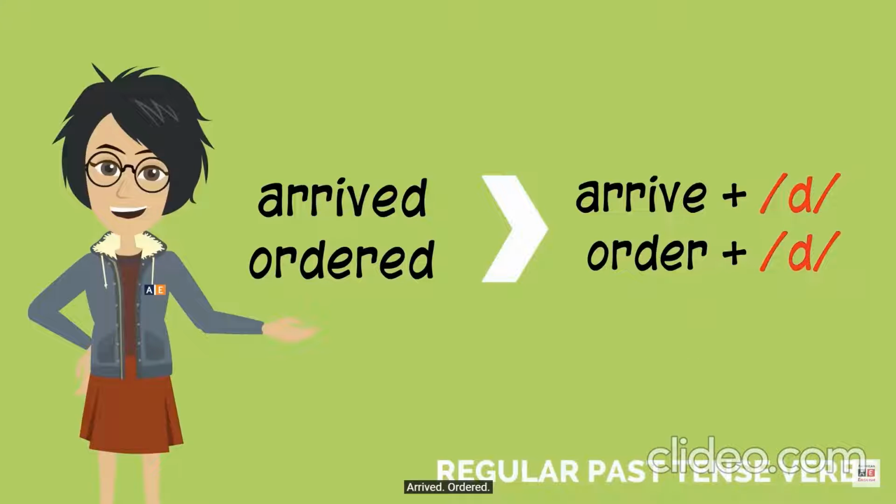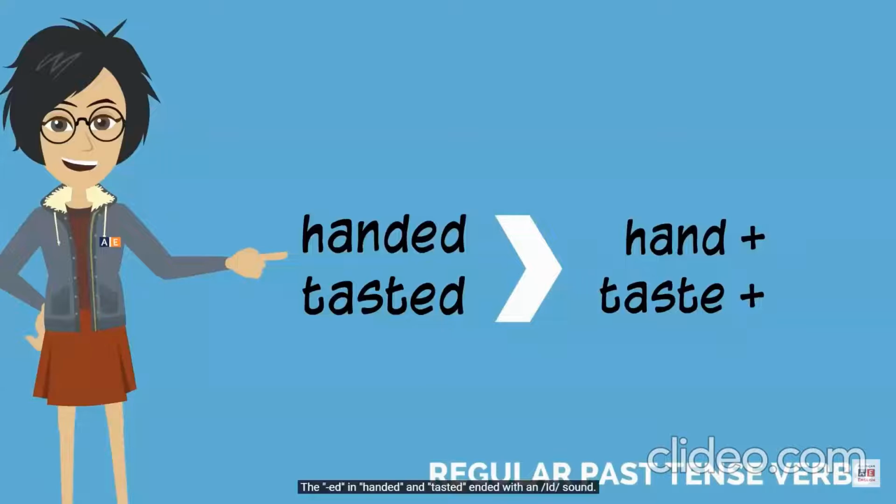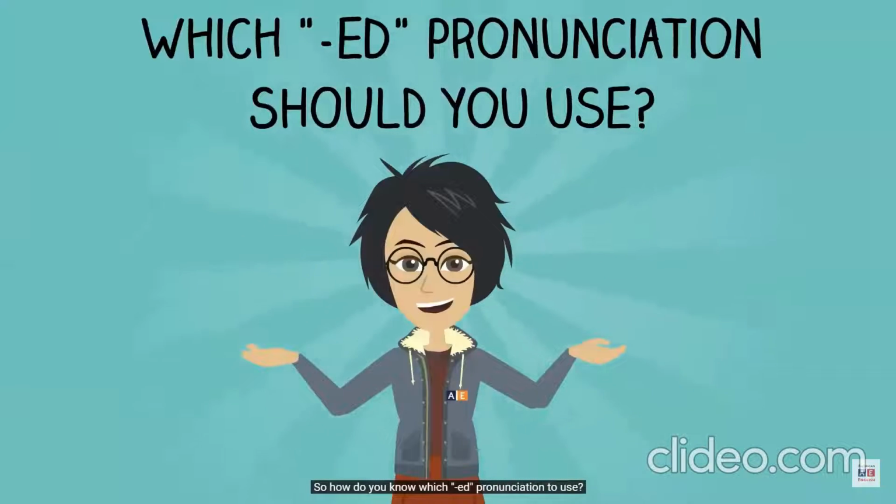Arrived, ordered. The ed in handed and tasted ends with an id sound. Handed, tasted. So how do you know which ed pronunciation to use?